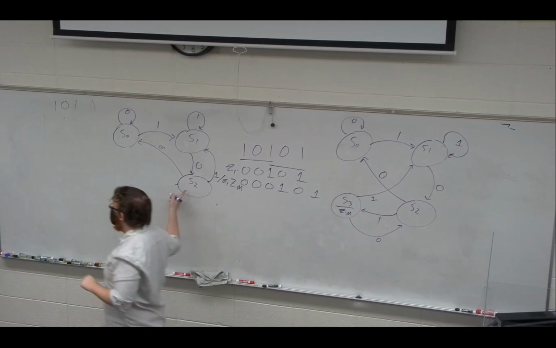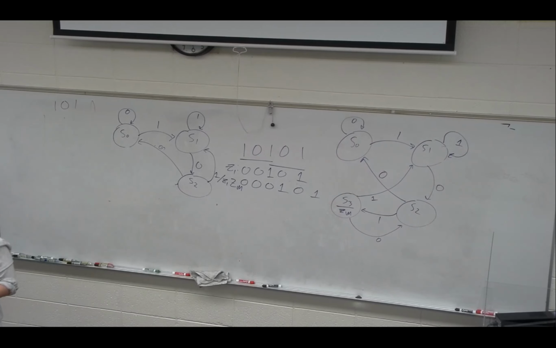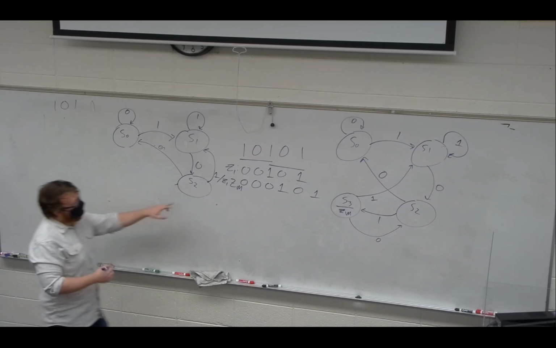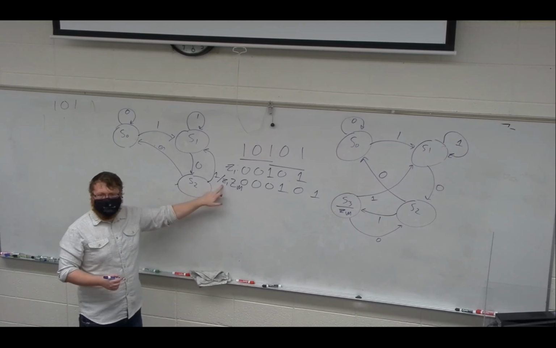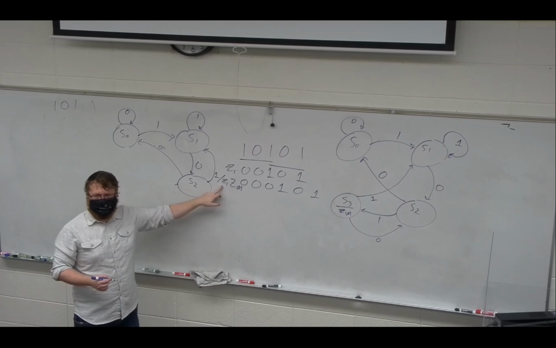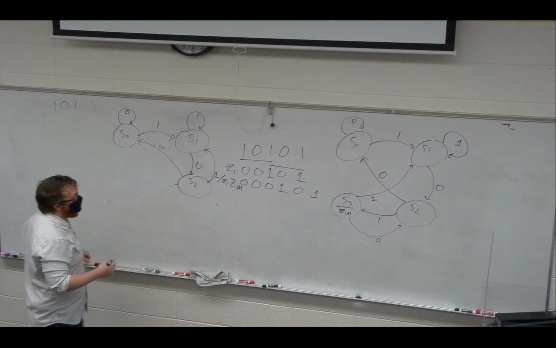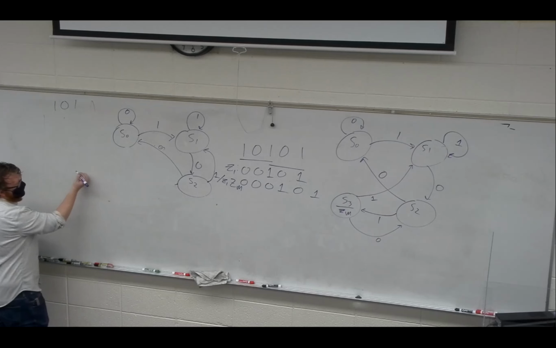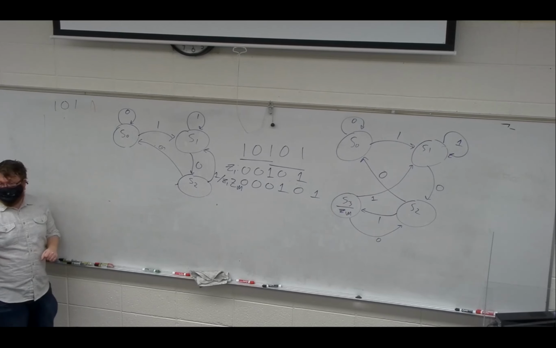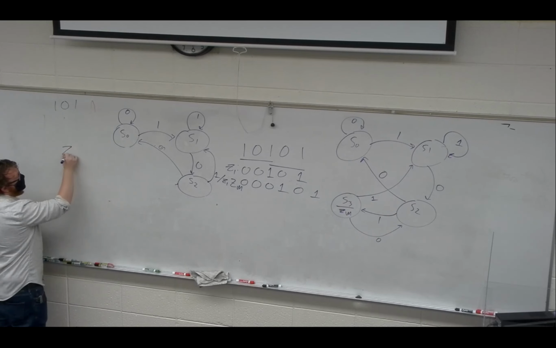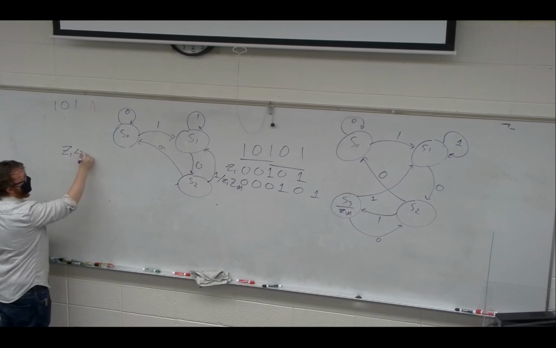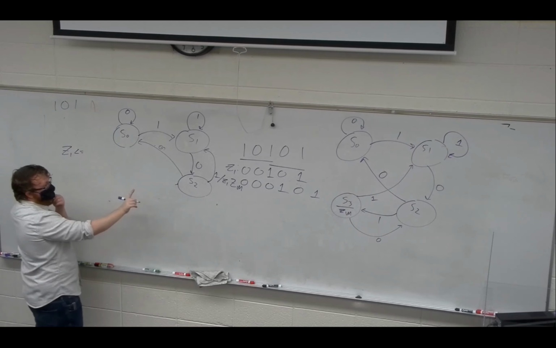Here, in order to get this output correct, the output depends upon both the input and the state that I'm in. So I need to write something like a combinational statement outside of the process where Z1 is equal to, well, two statements.